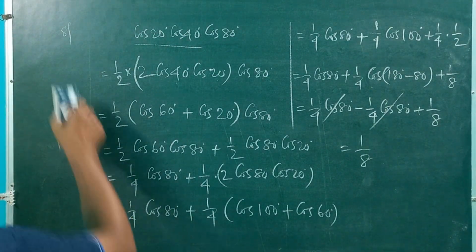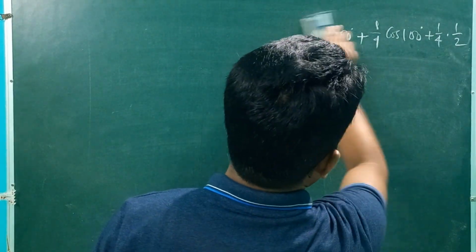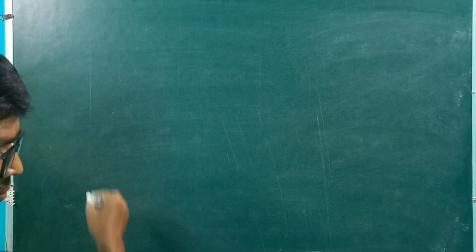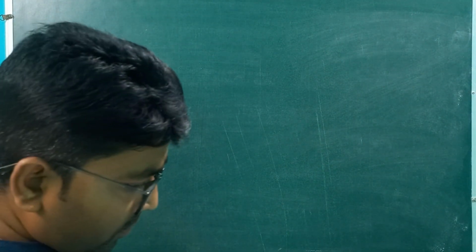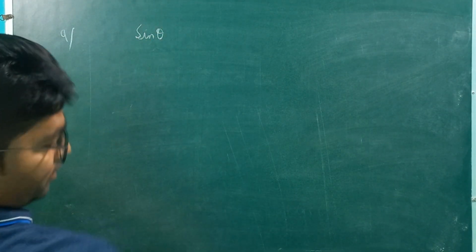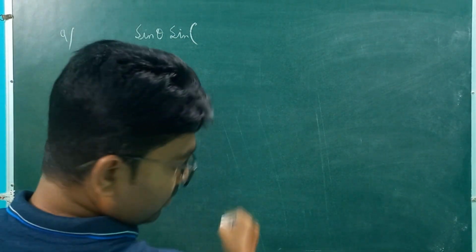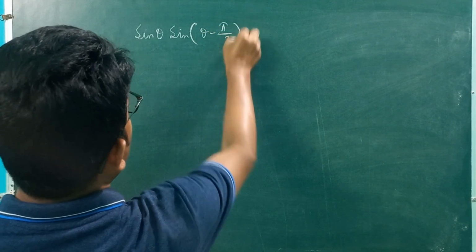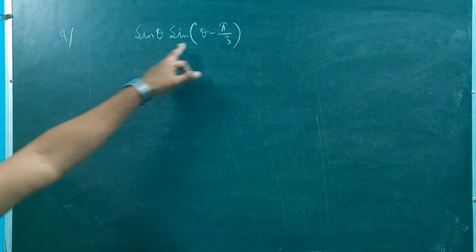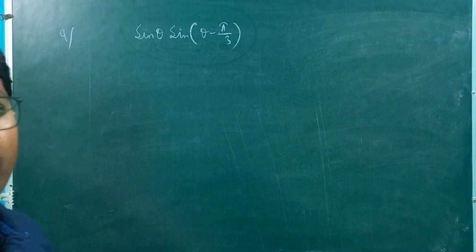Number 9. The problem is in the form sin theta minus pi by 3. You have to calculate the value of theta such that the expression gets its maximum value.